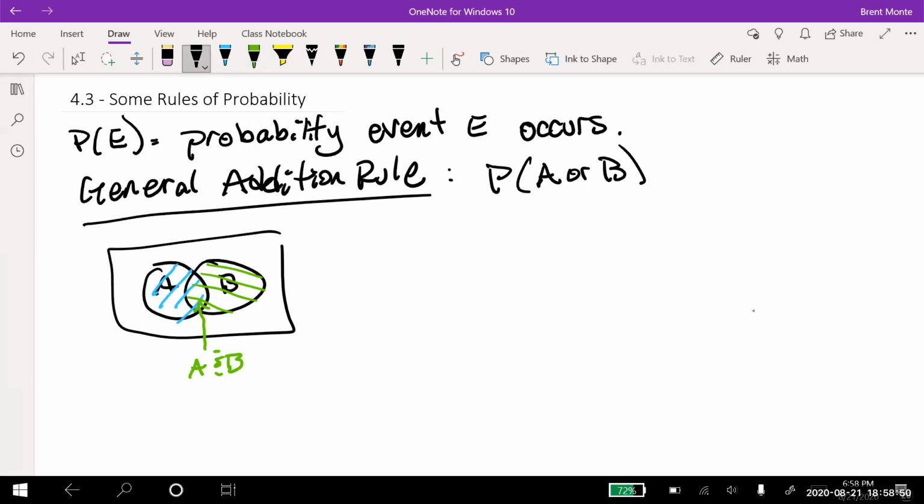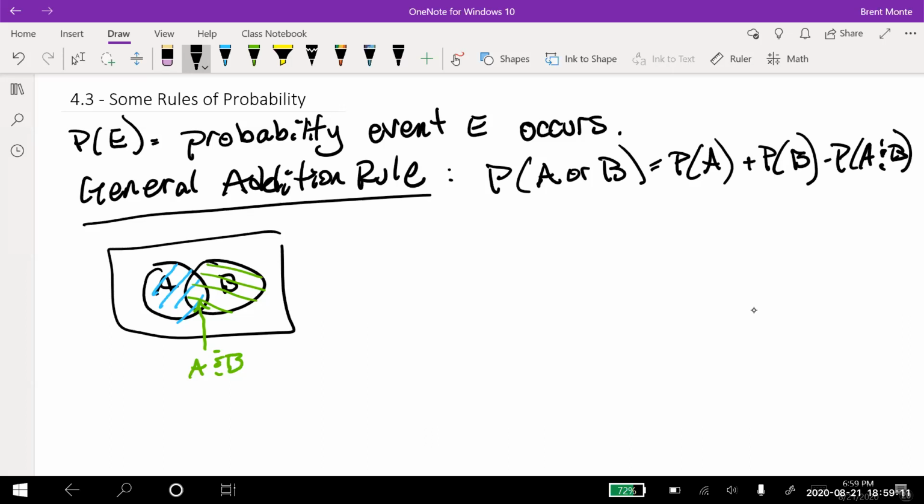So the general addition rule says it's the probability of A, that gives us all of that circle, plus the probability of B, that gives us all the second circle. But then again, I've counted the stuff in the middle twice. So what I have to do is subtract one of those away. So it's minus the probability of A and B.